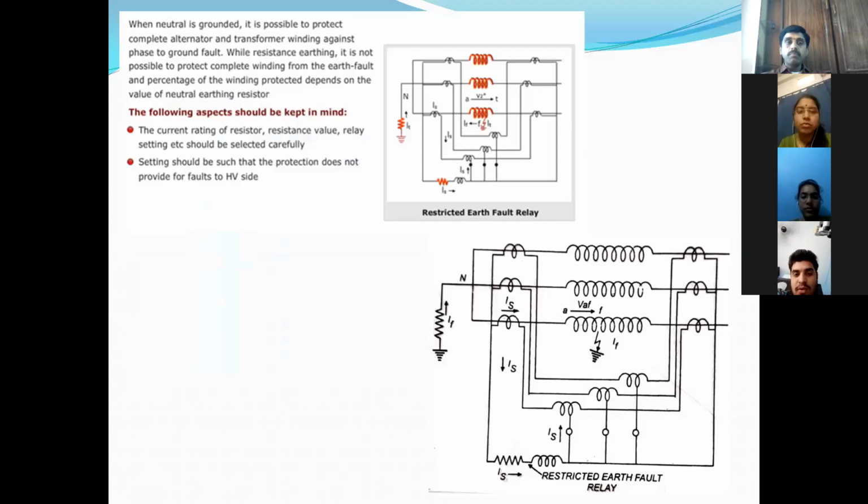Coming to the very important point, what we have been discussing from the previous slides, that is restricted earth fault protection. As I said, this percentage differential protection does not provide 100% protection for line to ground faults.